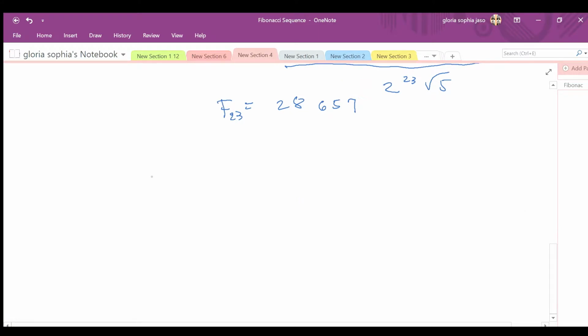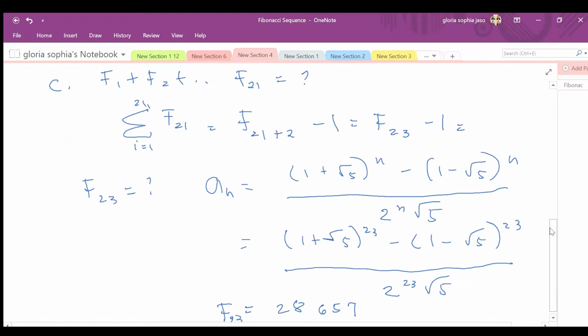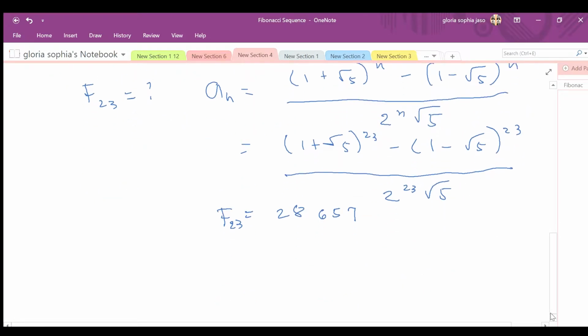And so yung summation natin, class, kanina, so balikan natin. Ito, class, is f sub 23 minus 1. Okay? So, sulat lang natin dito, 28,657 minus 1. Ayan.